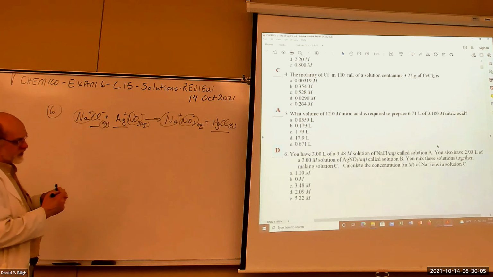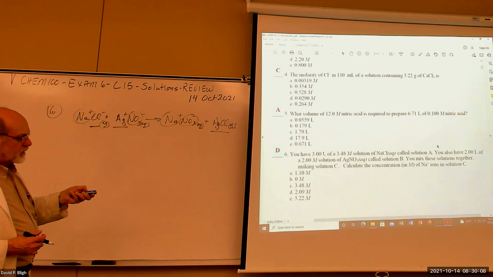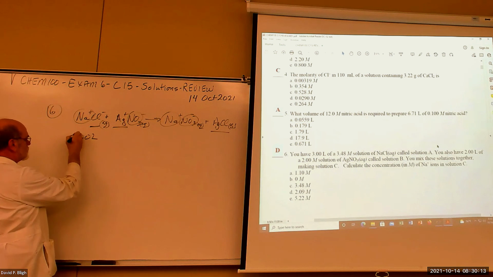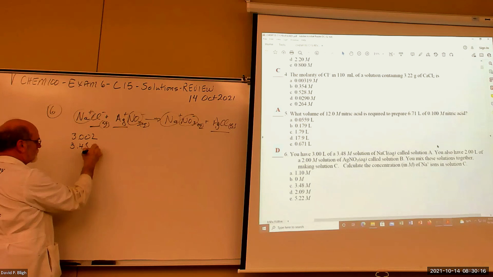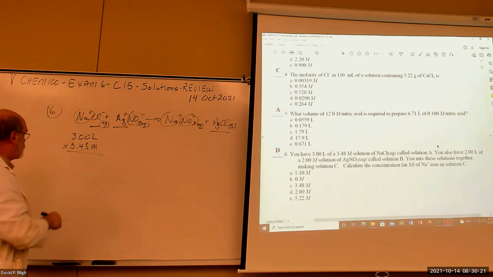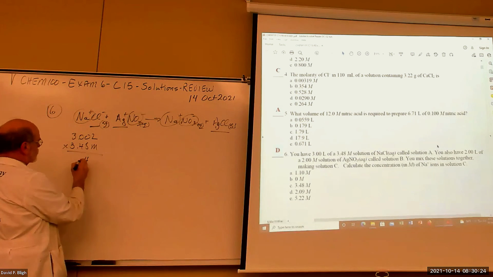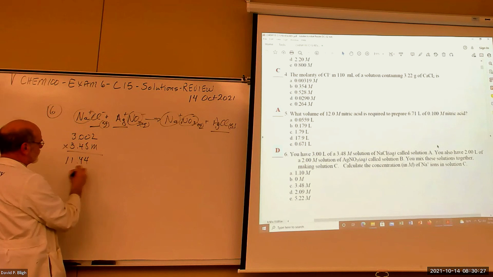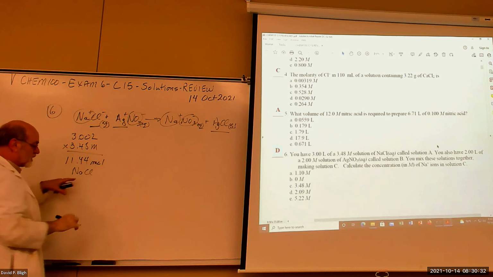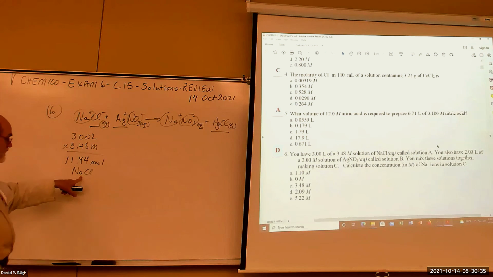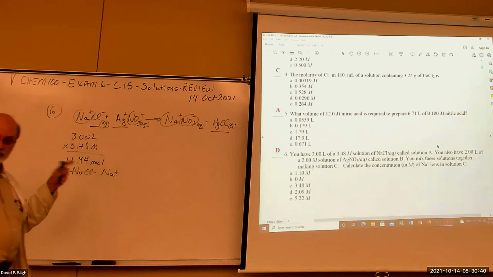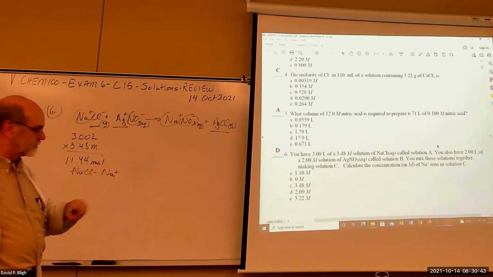So if you start off with 3 liters of 3.48 molar, then how many moles of sodium chloride do you have? Right, so that's 10.44 moles of sodium chloride, which means you got that many moles of sodium as well. Okay. So that's how many moles of sodium you start with. How many moles do you end with?